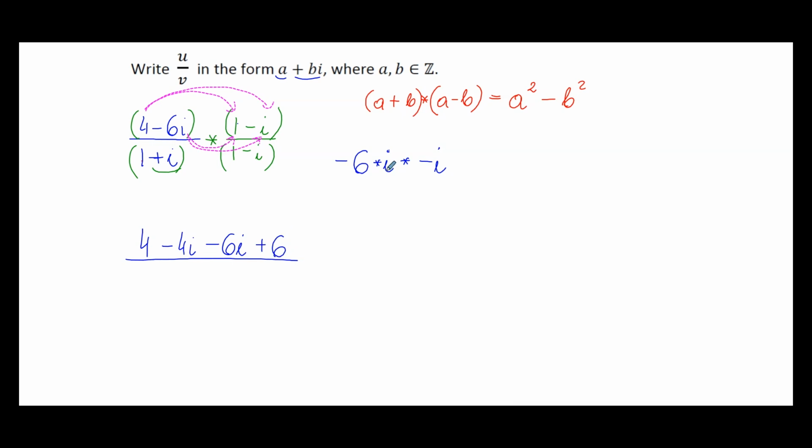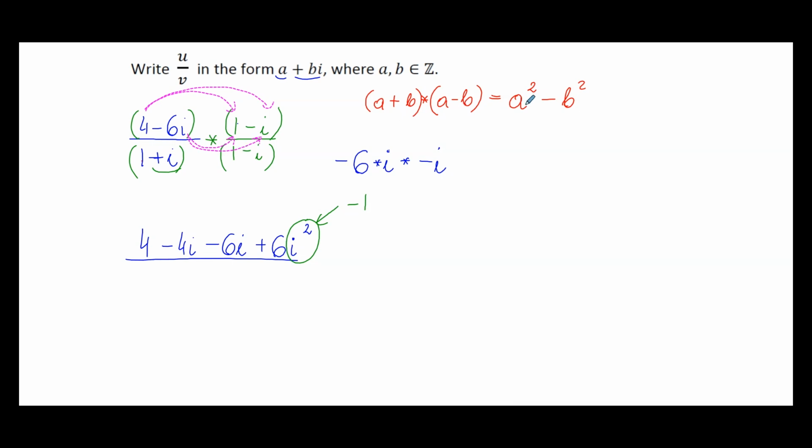So I have plus 6. And the only thing I can do, these two i's multiplied by each other, I can write in a shorter version as i to the power of 2. And I know one thing about complex numbers: when I have i to the power of 2 in my calculation, I'm going to change that to minus 1.